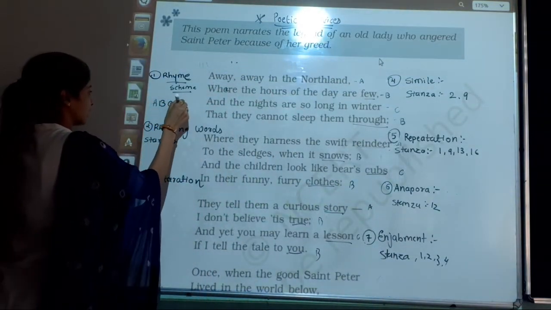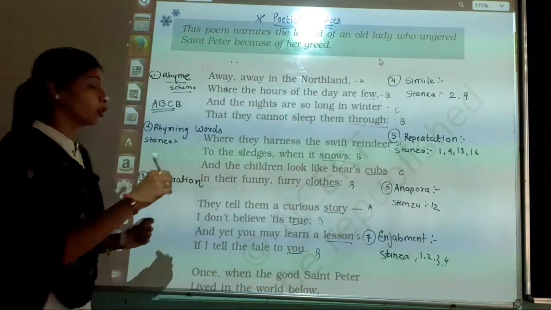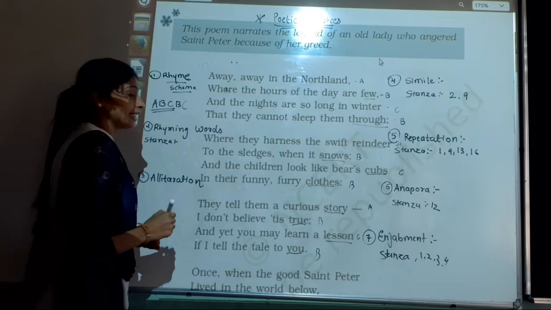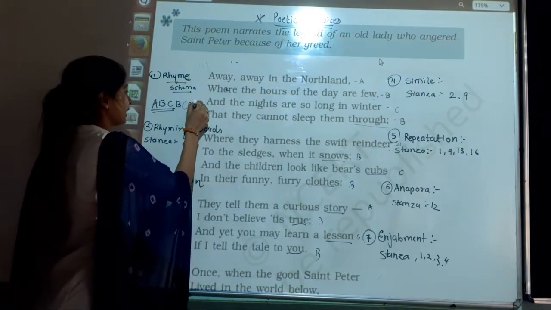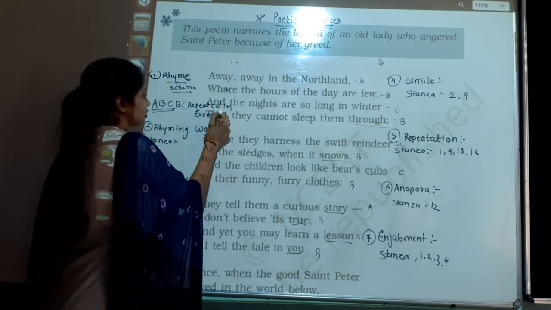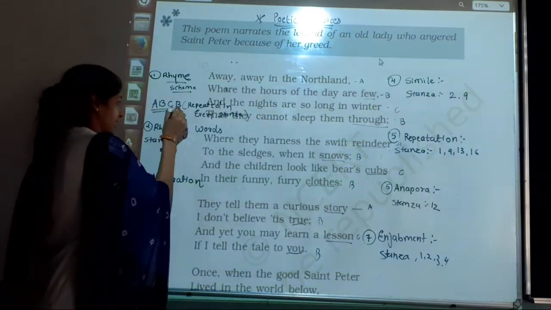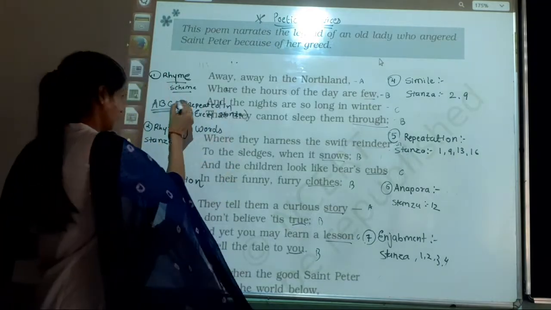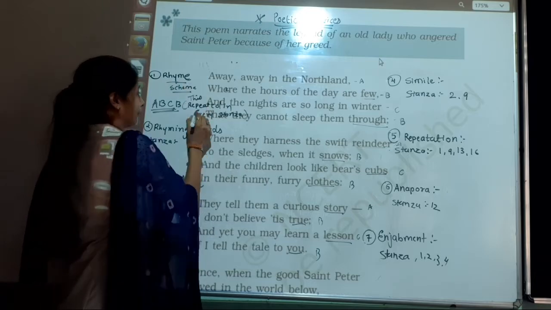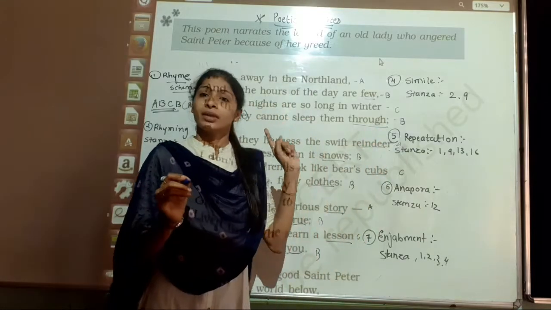A, B, C, B. Students, please mention that the rhyme scheme of this poem is A, B, C, B. You will write in brackets, repeated in every stanza, and underline the rhyme scheme. Beside it you will write, repeated in every stanza. It means every stanza has the same rhyme scheme.